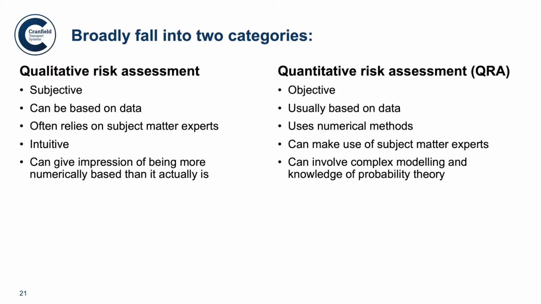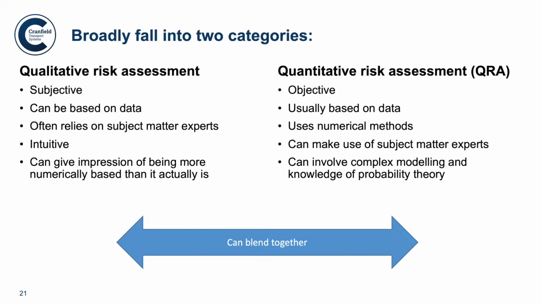Whereas in the design areas, and sometimes in maintenance areas, quantitative risk assessment is more common, and we'll talk about some of those methods in a moment. Quite often these risk assessment methods aren't wholly qualitative or quantitative. They can be blended together, and in some ways you can get the best of both worlds in that. And later on, we're going to talk about some of the advanced methods that do that very well.